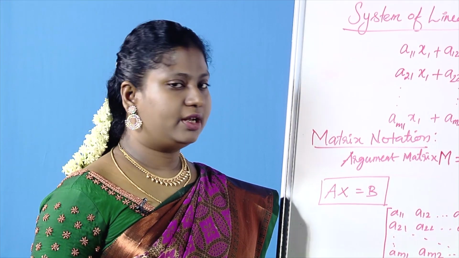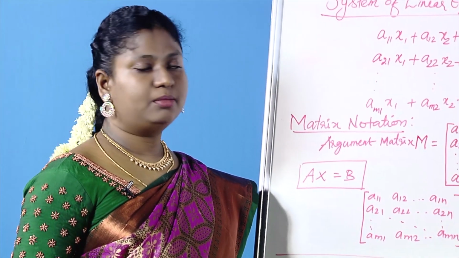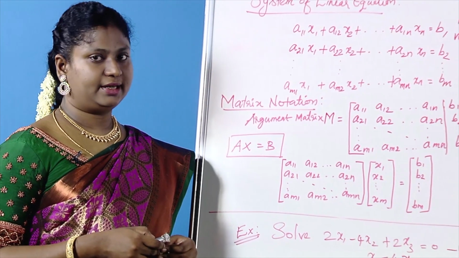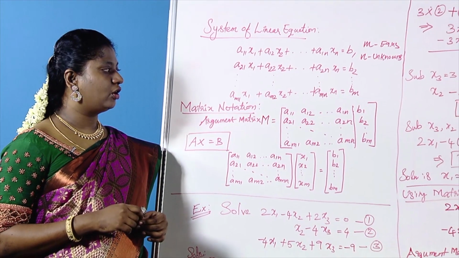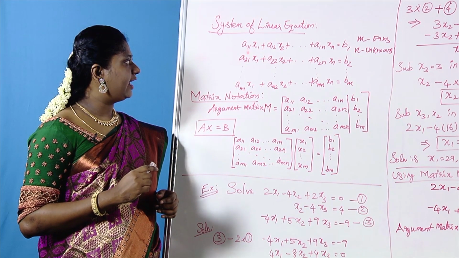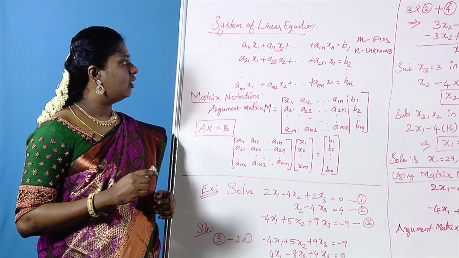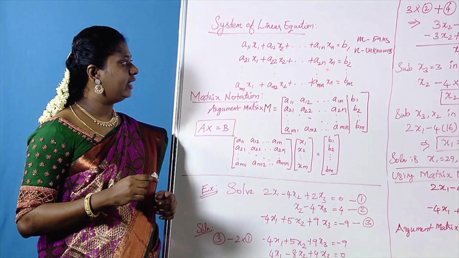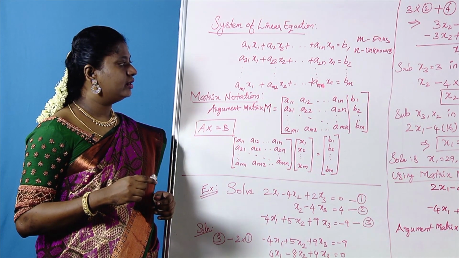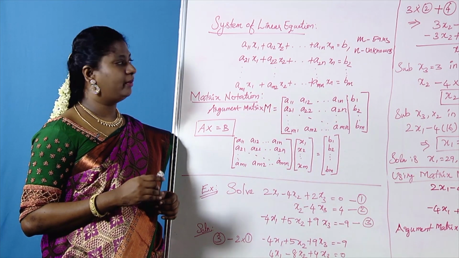Before moving to the example, let us talk about some notation on matrices. First, the coefficient matrix. Here a11, a12, up to a1n, or a21, a22, a2n, and am1, am2, amn, all of them are called the coefficients of the variables.